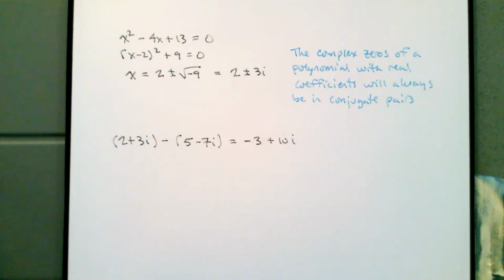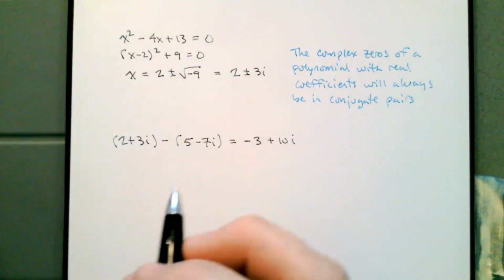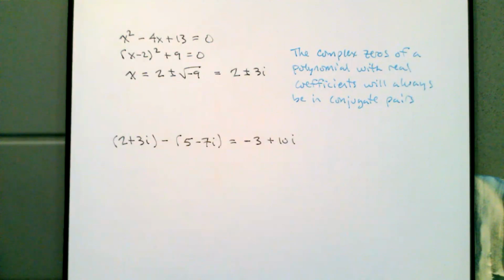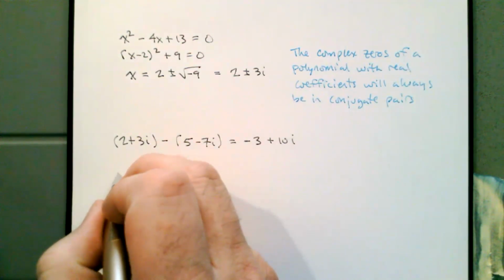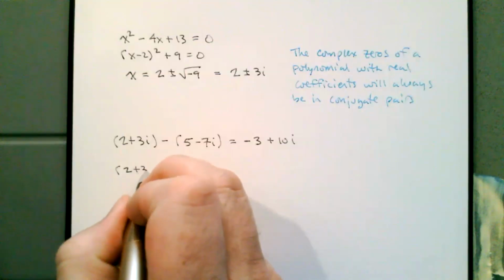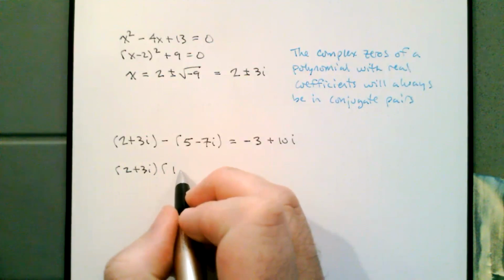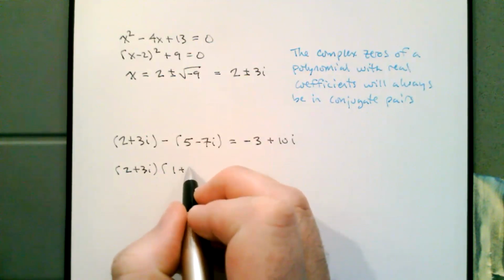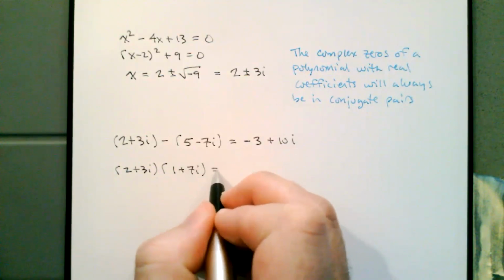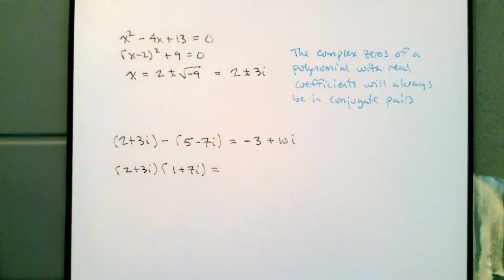There are extra things that we have to think about. Because remember, in these complex numbers, i squared is equal to -1. So if I wanted to multiply, let's say 2 plus 3i times 1 plus 7i, I don't have to tell you how to multiply these.